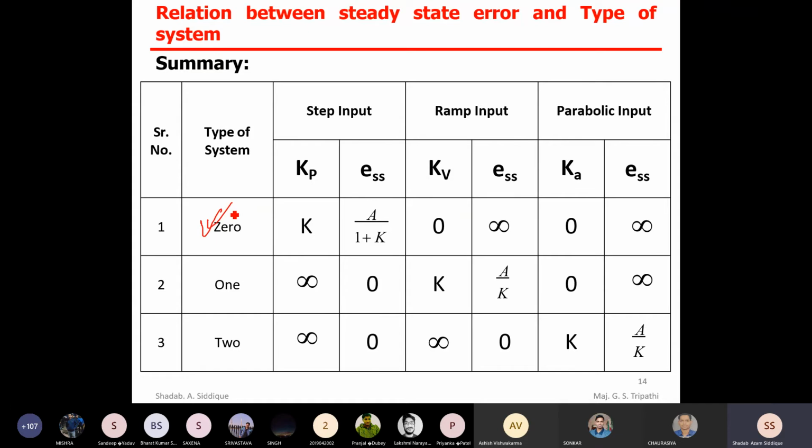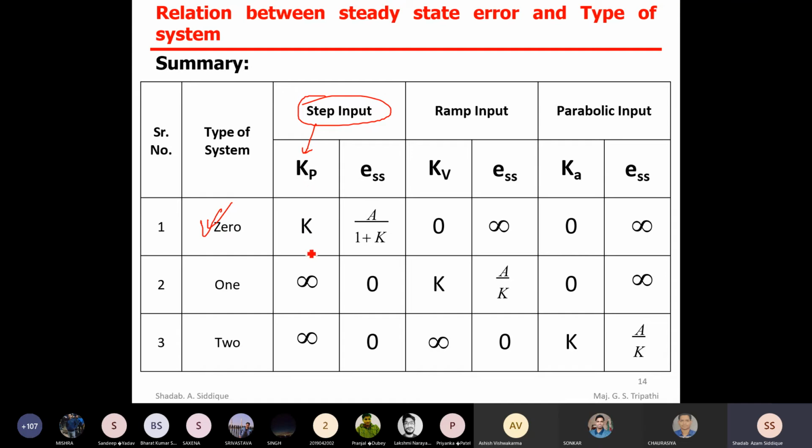If we apply step input, we try to find the kp value. So kp for type 0 system will be k. Again, k should be for the standard time constant form of the transfer function.